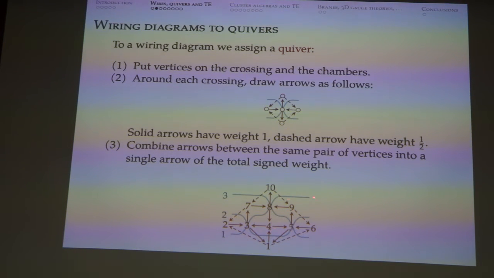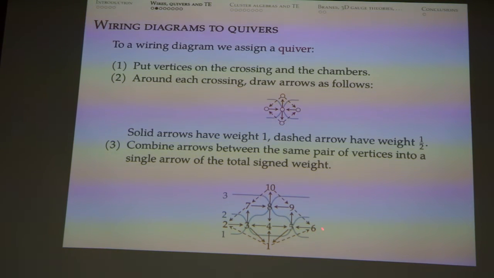So I have this wiring diagram, which is shown in blue. And then around each neighborhood of intersection of two wires, I have this kind of pattern. But then I combined and canceled some arrows according to the rule I explained. Okay.